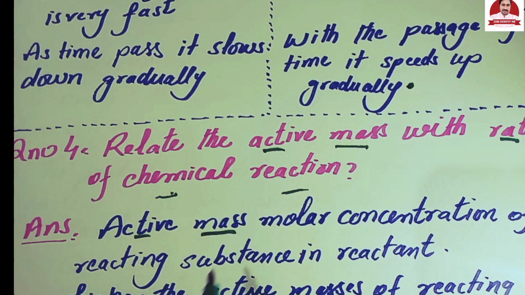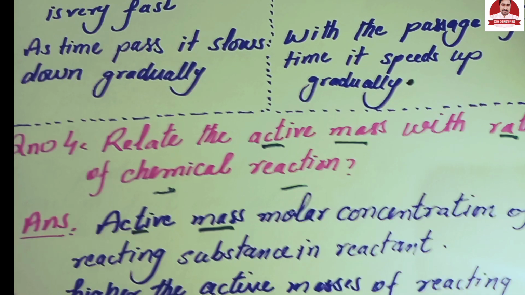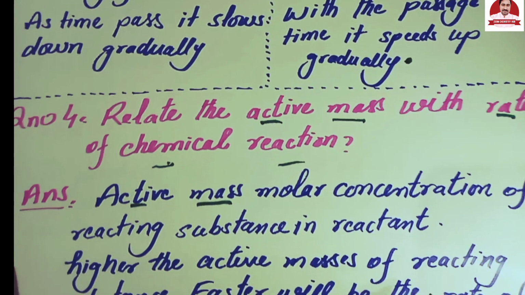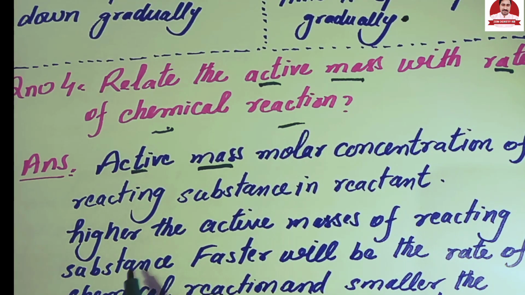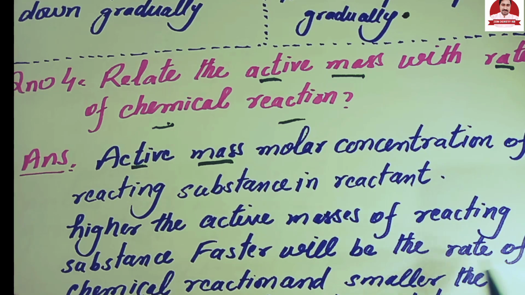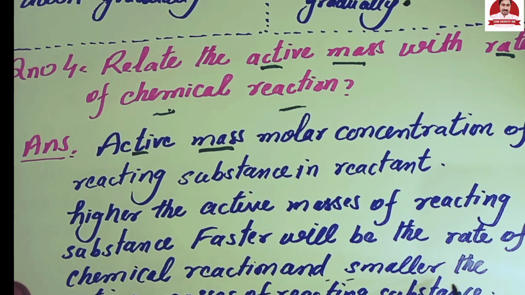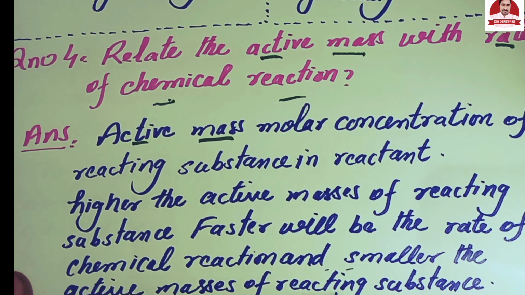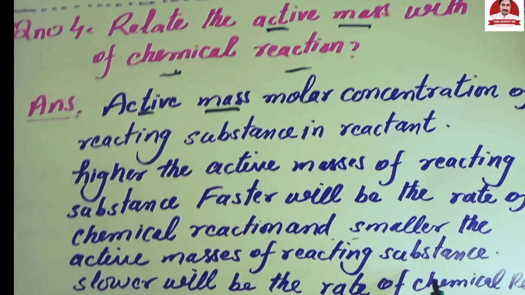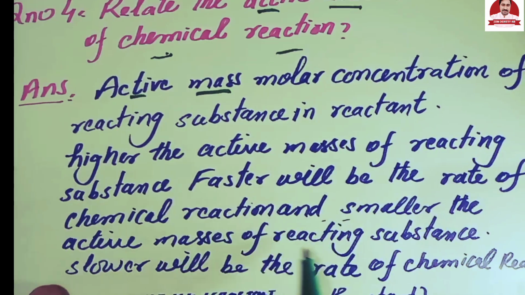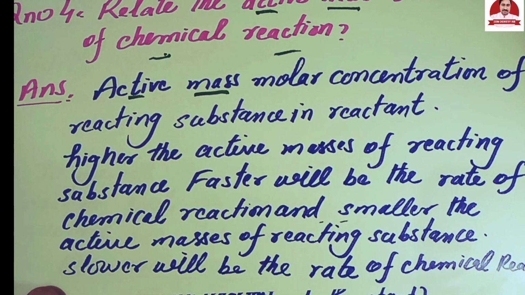The higher the active mass of reactant substance, the faster will be the rate of chemical reaction, and the smaller the active mass of reacting substance, the slower will be the rate of chemical reaction.